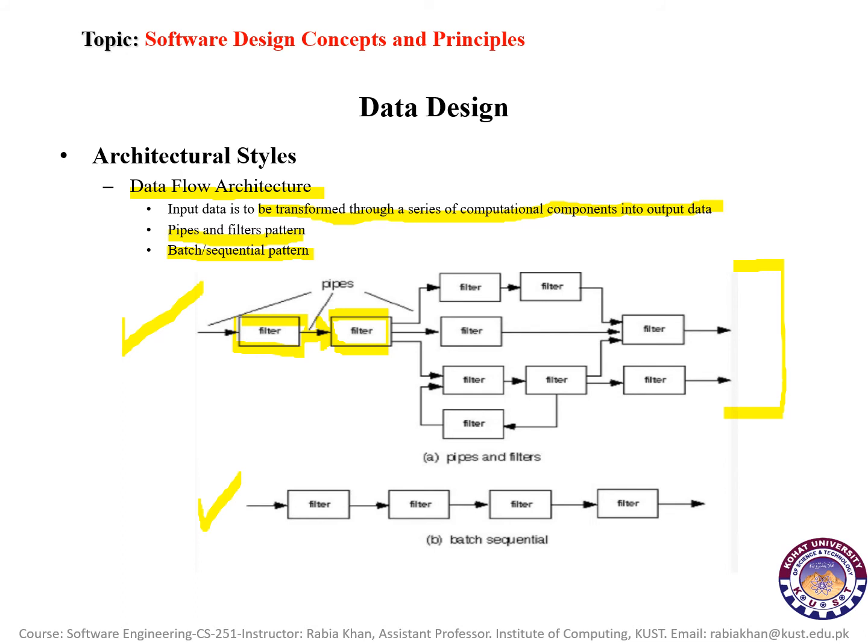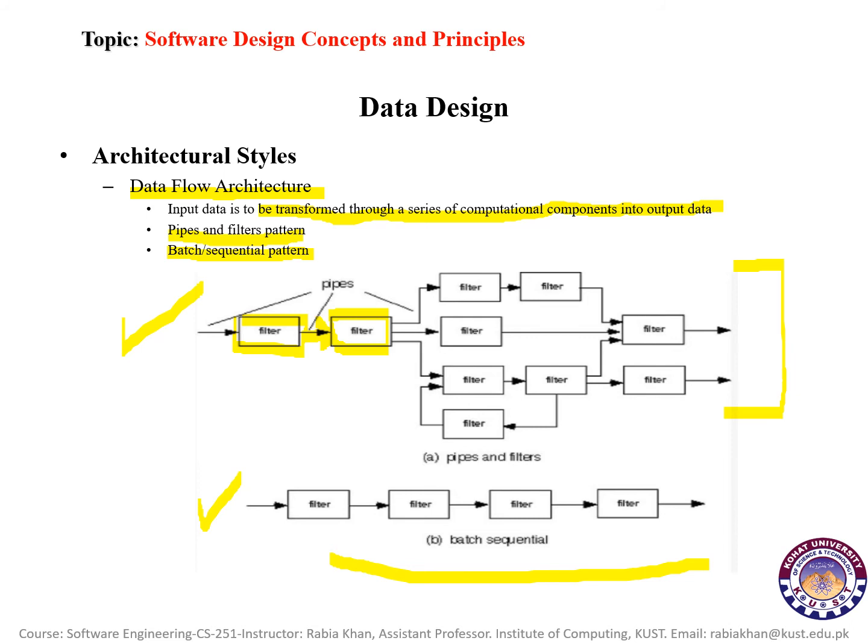But when data becomes a single stream, then it becomes sequential or batch. This sequential pattern accepts a batch of data, meaning a group of data, and then applies a series of sequential actions on that data in order to transform it to some output.